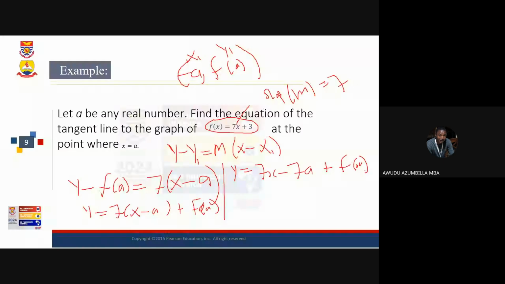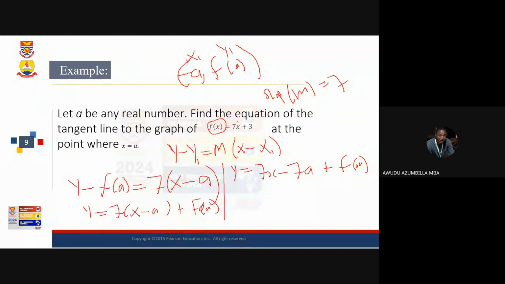Plus f of a. Now, if you look at this carefully, f of x has been defined as what? Let's look at how they define it here: f of x is equal to 7x plus 3.